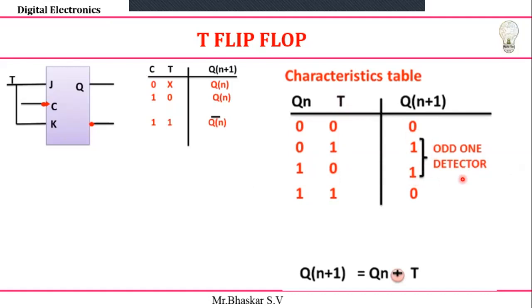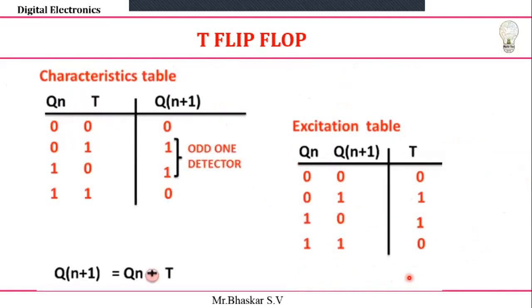Generally it looks like an exclusive-OR gate, so we are going to use that. If you substitute in your K-map and simplify, you get Qn plus 1 equal to Qn XOR T, because you solve the diagonal. This is the characteristic equation of our T flip-flop.